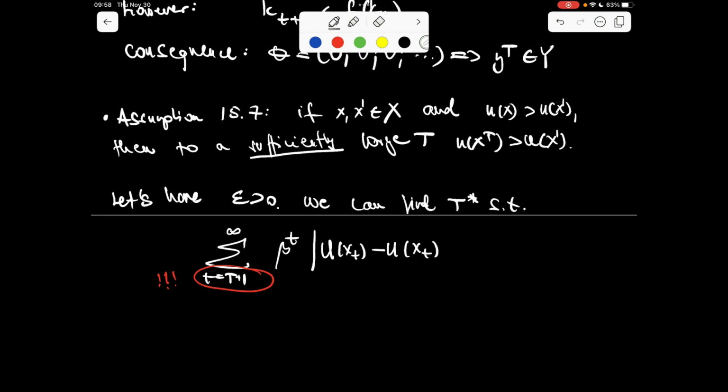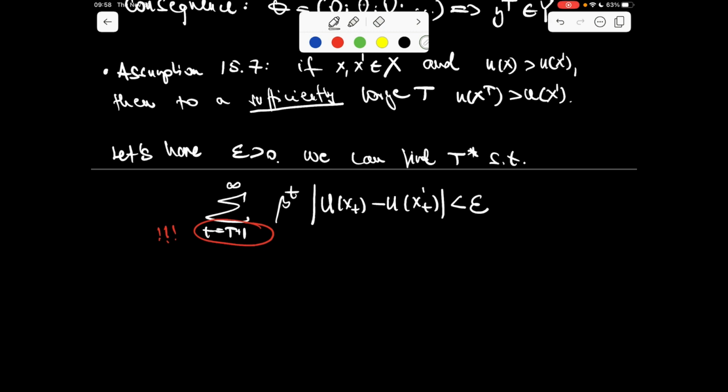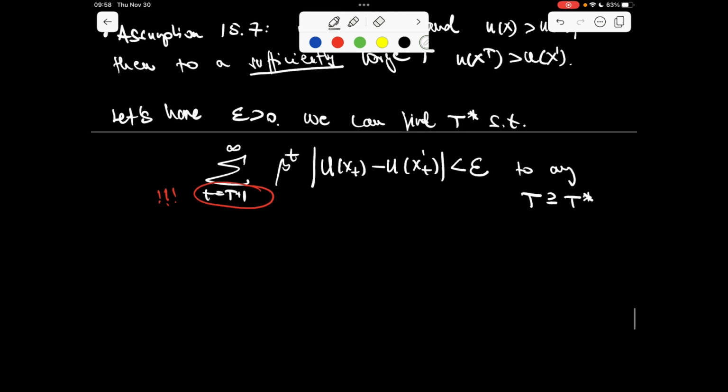So by appropriate truncation, we can make this inequality hold to any T above this threshold. It holds to any consumption path in the consumption set.